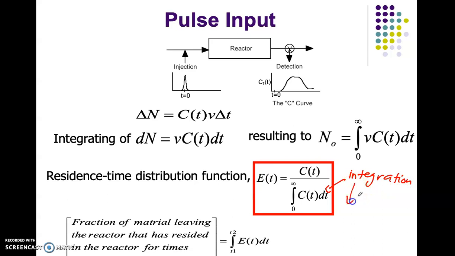The numerical method to be used is Simpson's rule. I think it is stated in the appendix, so you may refer to the appendix. Simpson's rule is a numerical method, and in your textbook you will see this kind of formula.